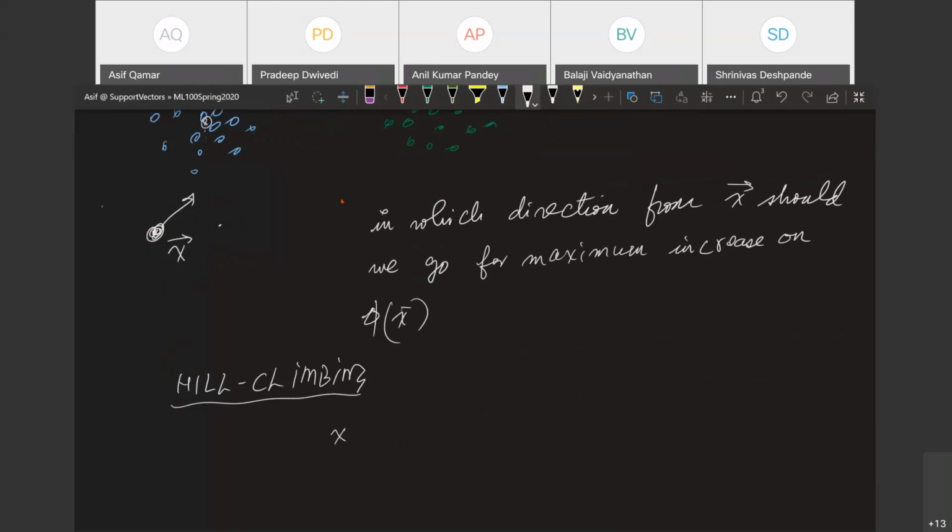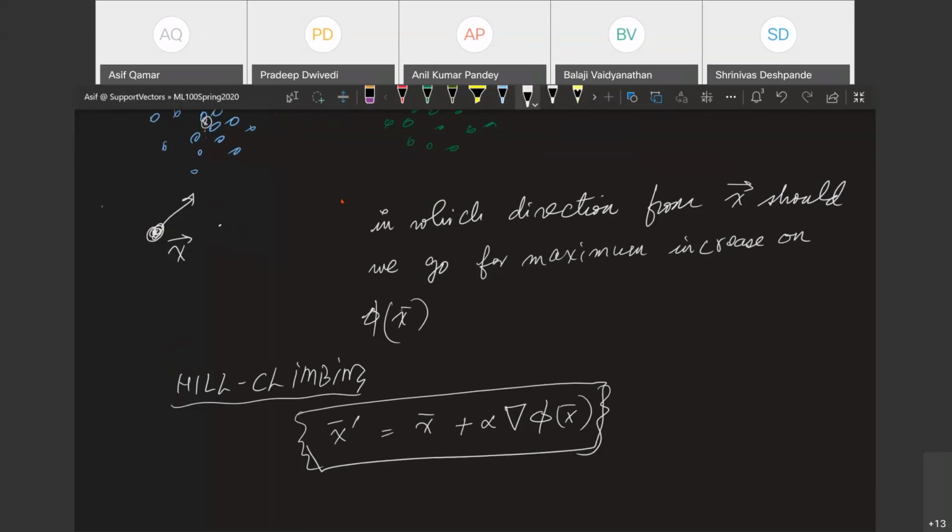Let's say that x prime is equal to the previous value of x, plus a small step times the gradient of phi(x). Now, does this equation look very familiar, guys? It is the opposite of gradient descent. If I replace the plus with a minus, it becomes the equation of gradient descent, isn't it?